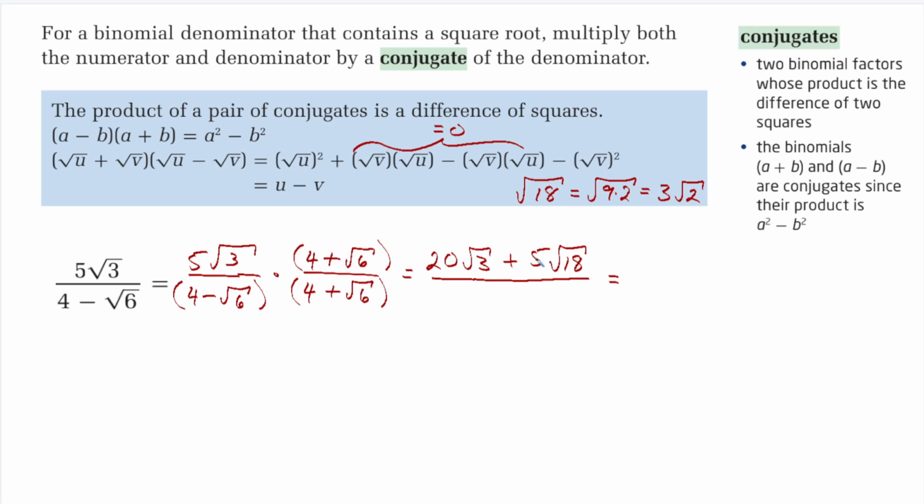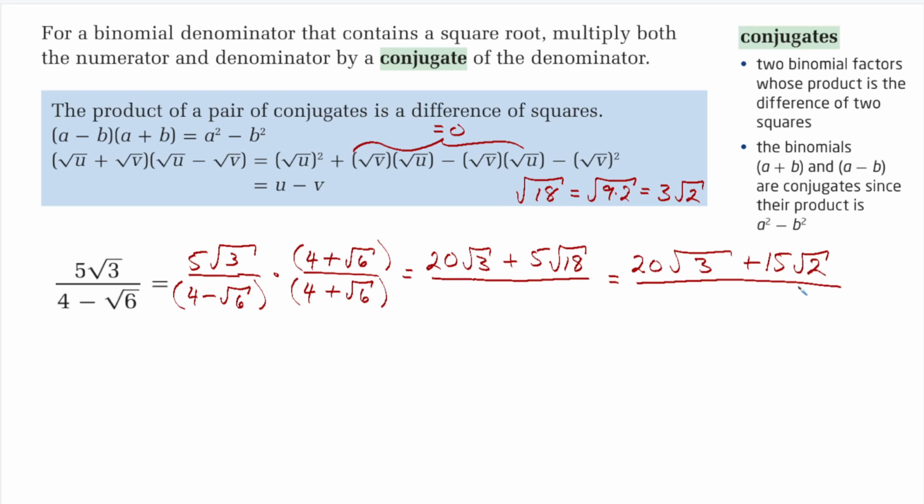So the last thing to do to this one is multiply 5 by 3 root 2, which is 15. The first term doesn't change, so that's 20 root 3 plus 5 times 3, which is 15 root 2. And that is it for our numerator.